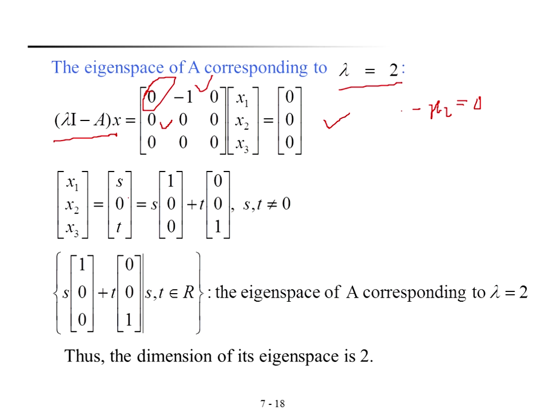So we assume there are values s and t. If we take s common outside, then the eigenvector is 1 0 0. If we take t common outside, then the eigenvector is 0 0 1. So this is the eigenvector of the matrix. S and t are the eigenvectors.